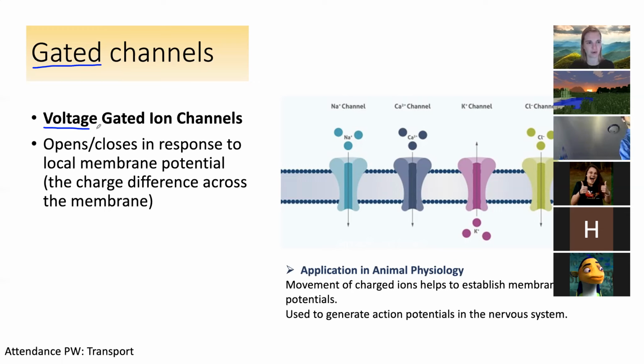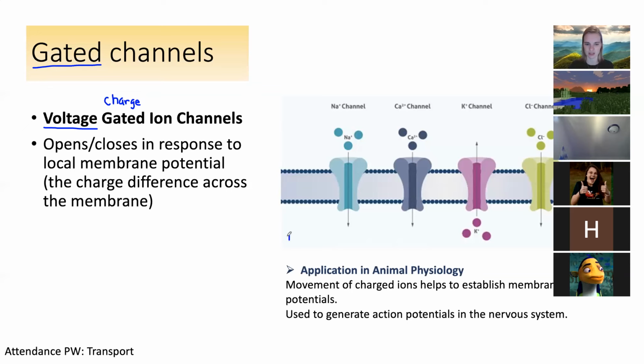This is kind of a weird key. This is going to be based on charge. Voltage is associated with charge, and what we're looking at is the difference in charge between the inside and outside of the cell.